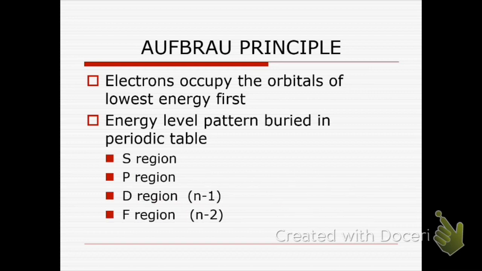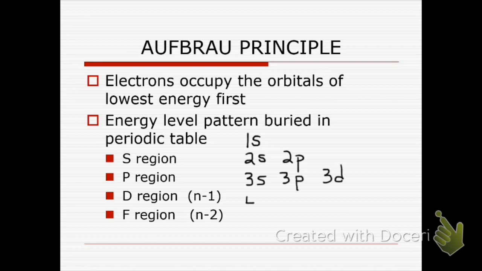So why is this? Recall from our quantum theory discussion that on each energy level we could have the same number of shapes as that level. So energy level 1, we had the 1s shape. Level 2, we had two shapes: 2s and 2p. Level 3, we had three shapes: 3s, 3p, then 3d.